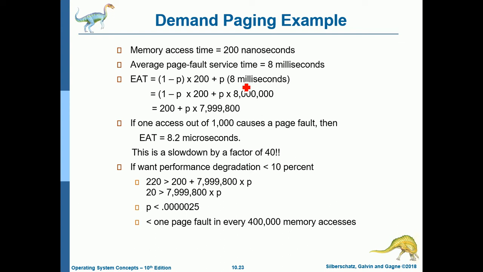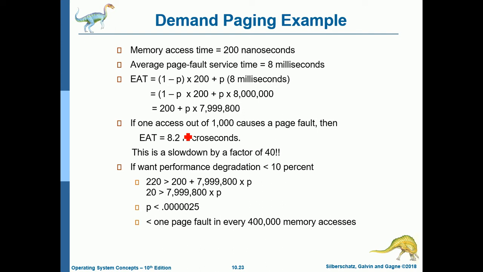So (1 minus P) times 200 plus P times 8 million, which will be converted. Then next we have 200 plus P times 7,999,800.